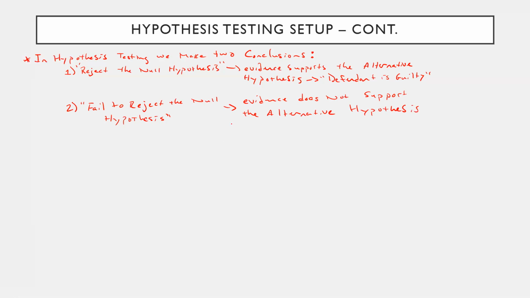So what's going on here is we found the defendant not guilty, which is good in my case, because I don't think I'd survive in jail. So when you form your conclusions in this class, it's either going to be that you reject the null hypothesis or you fail to reject the null hypothesis.